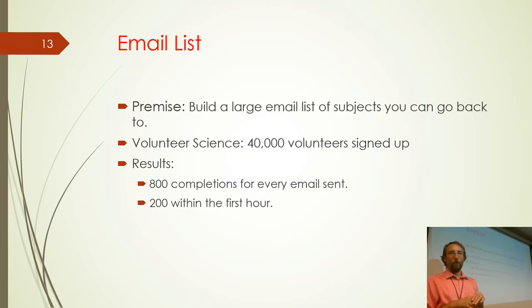So if you're trying to get an email list together for group experiments, you do need a lot of people to sign up. If you want to get 5 or 10 people to do a study together, it's got to be a big email list. But if you're looking to do just a one-off study with individuals doing a survey, you can certainly get by with a smaller email list.